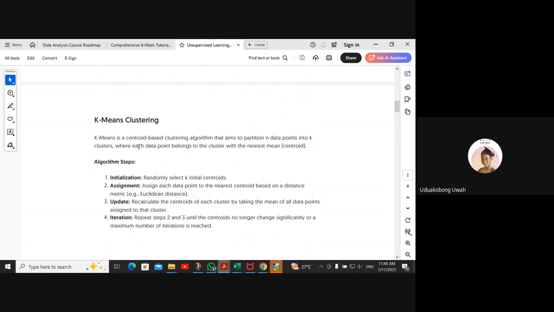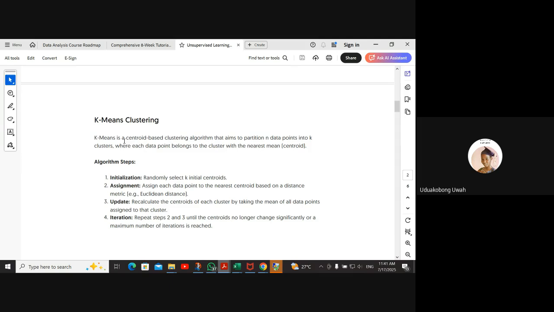It falls under the partitioning clustering method, which clusters similar things in one place, where the data set is divided into partitions to form clusters.